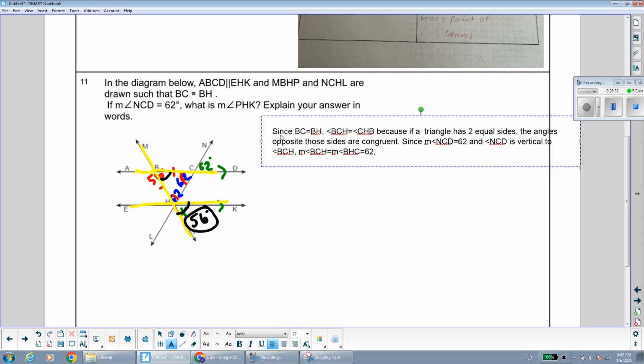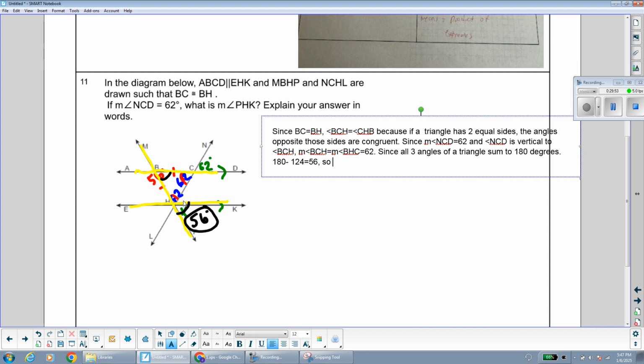Okay, since all three angles of a triangle sum to 180 degrees, 180 minus 62 plus 62, which is 124, equals 56.